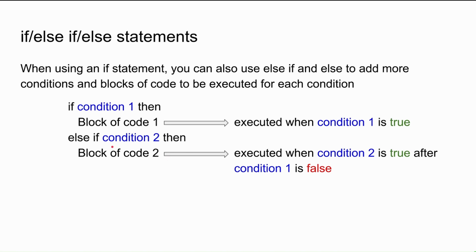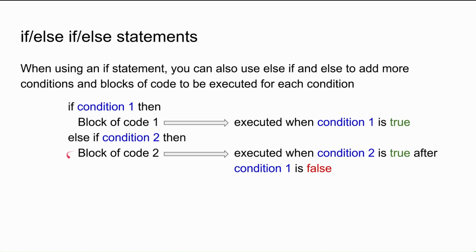This program would only check if condition 2 is true when condition 1 was false. So the flow is to check first the condition in the if condition 1, then execute this, but else, so if this wasn't true, if this was false, else if condition 2, then block of code 2.